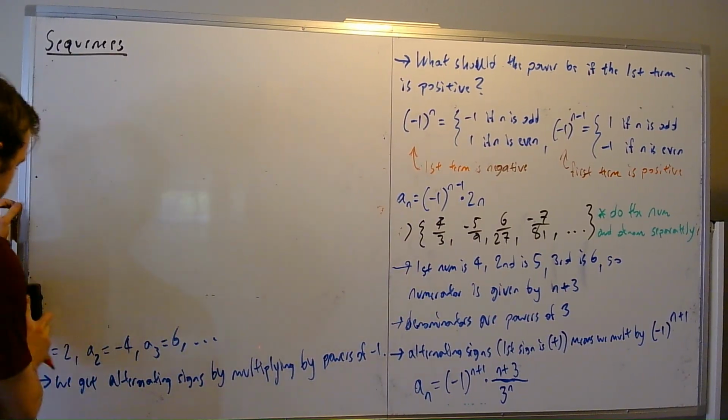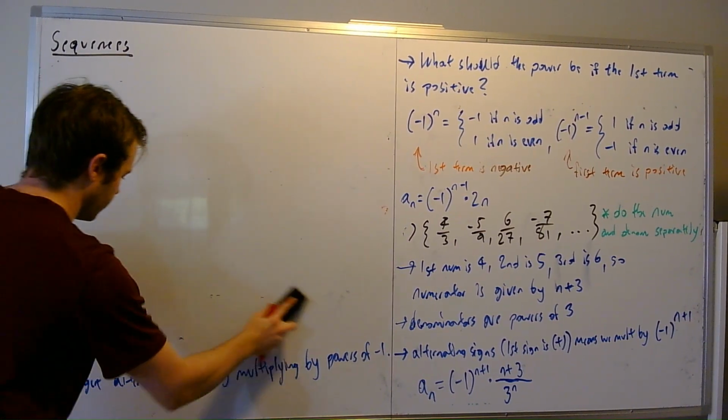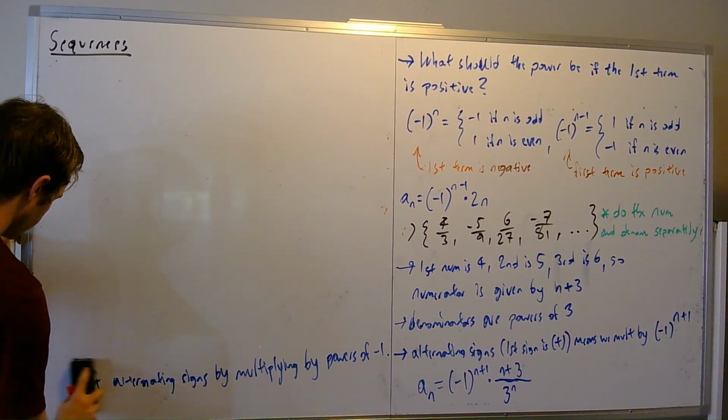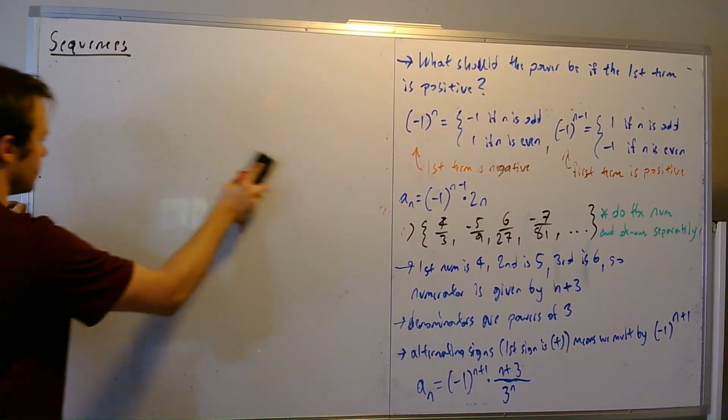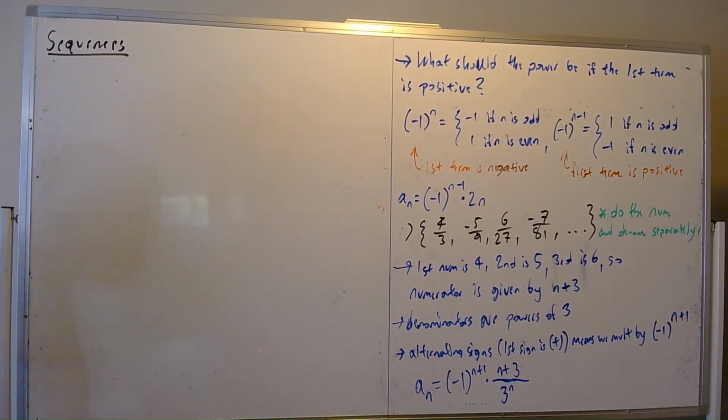But every sequence that we've analyzed so far by creating these formulas has actually had a nice formula that we could figure out for each of these, but that's not always true.